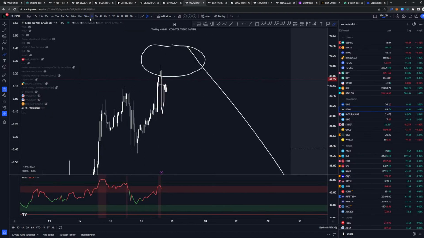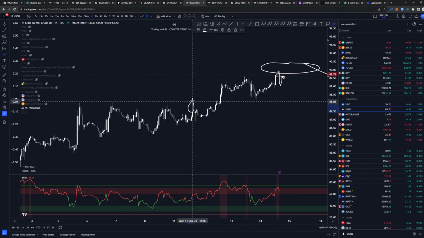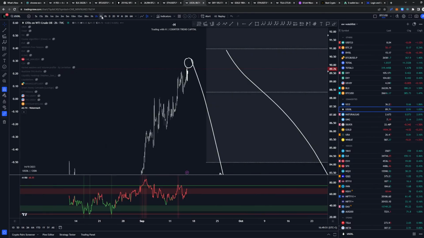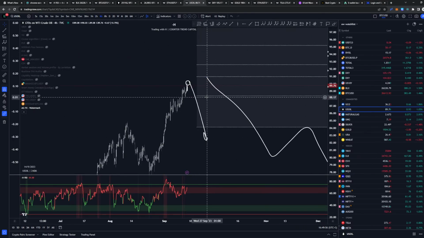But I'm not really into playing that too small a time frame here. We'll see. Also oil is very, very volatile anyway, so all these wicks can just take you out, so you probably have to have a bit higher stop loss anyway.